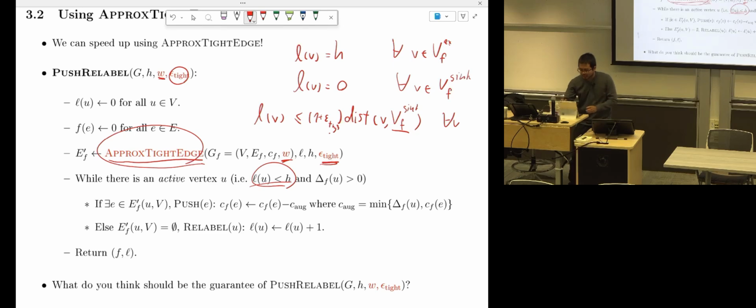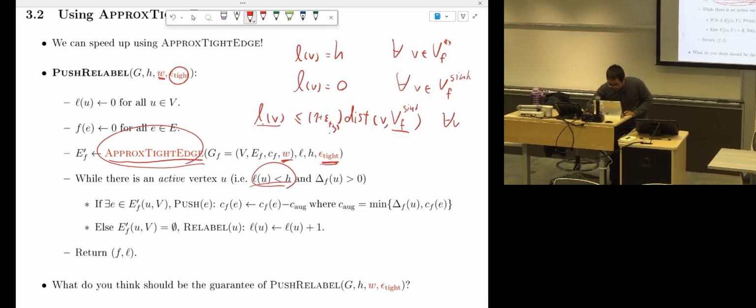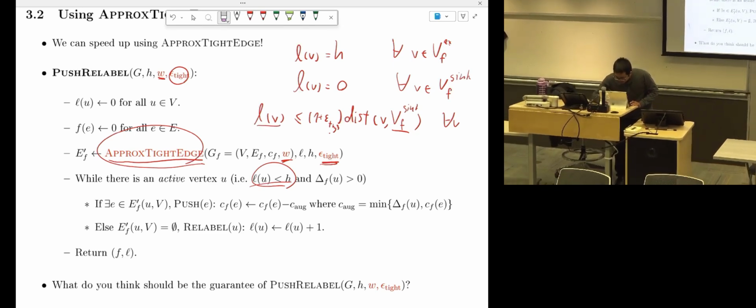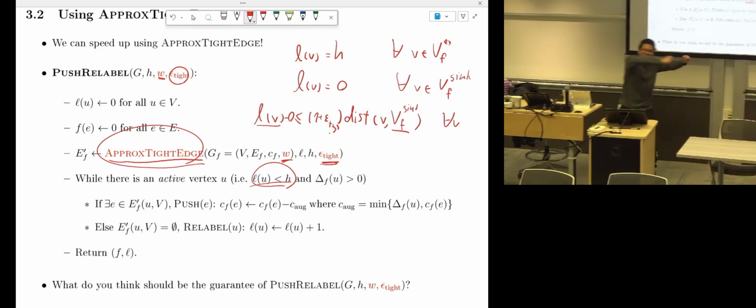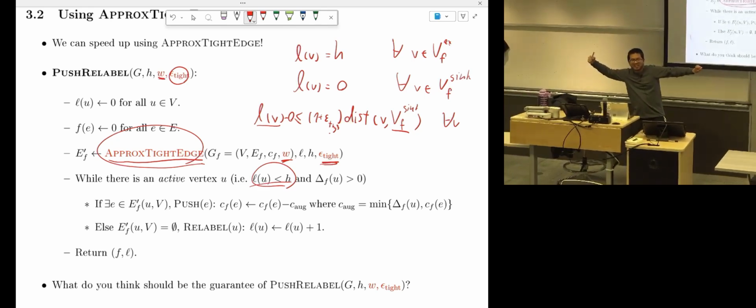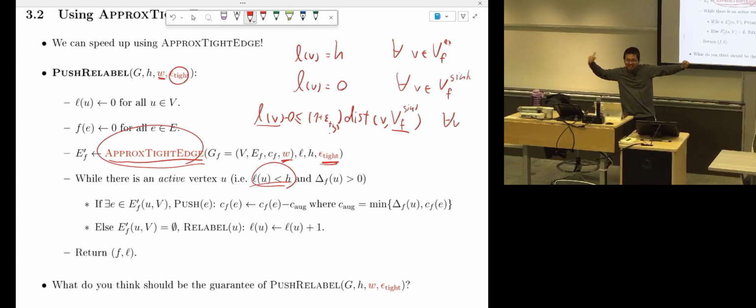From 0, when you stretch, it shouldn't be more than the distance, but with this slack, because you allow edges to be 1 plus epsilon relaxed, it stretches a bit, but not more than this.